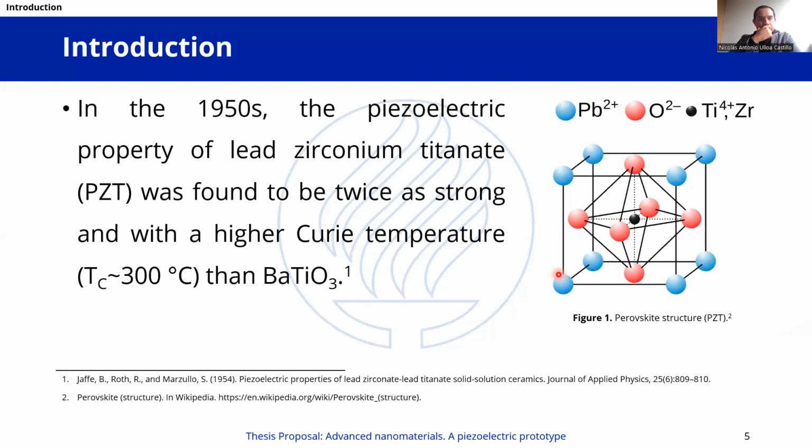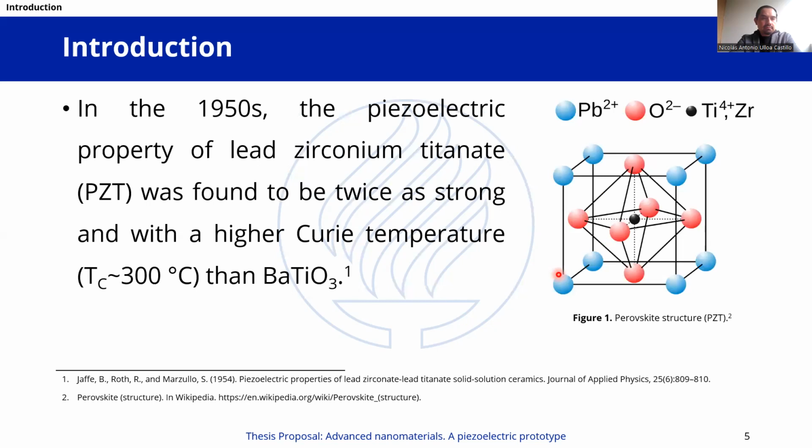Moving into the 1950s, the piezoelectric property of lead zirconium titanate was found to be twice as strong as the barium titanate one, and it also had a higher Curie temperature at around 300 degrees Celsius.